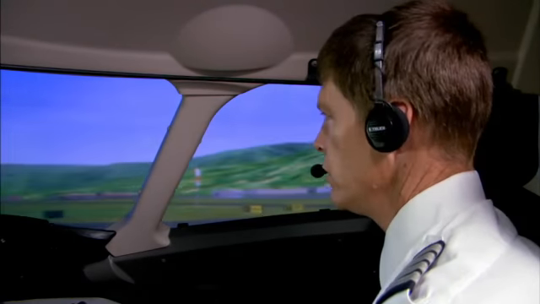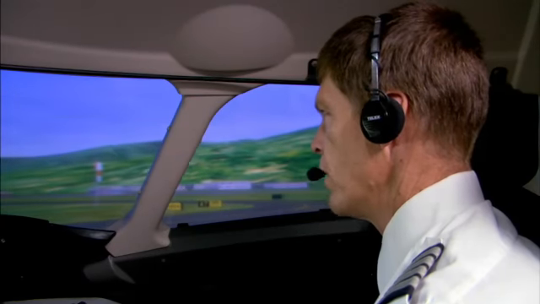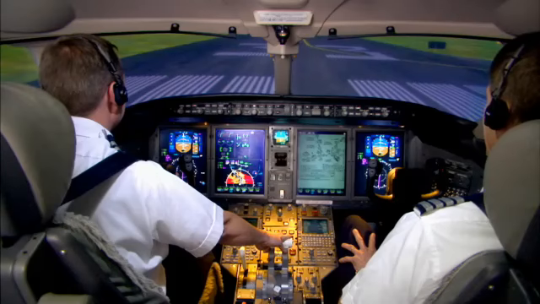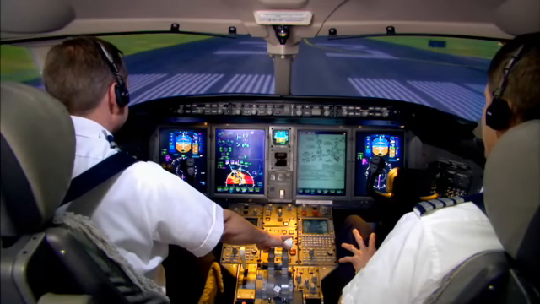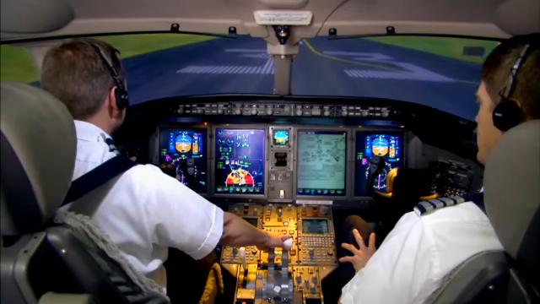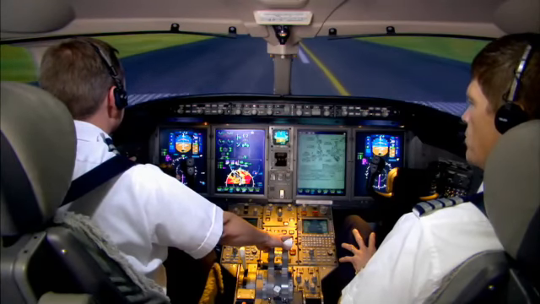Runway heading is 328 and we are cleared for takeoff. Firm. Takeoff power set.